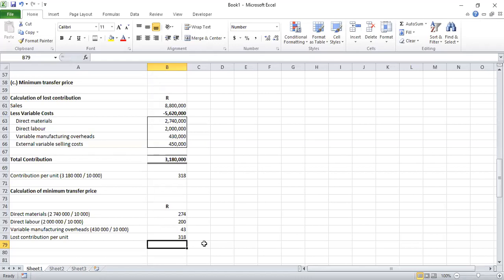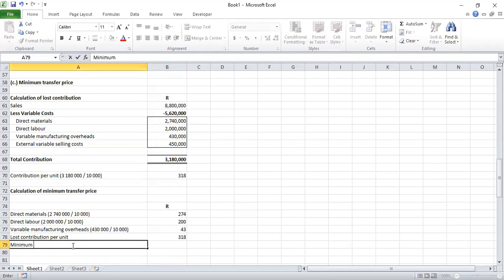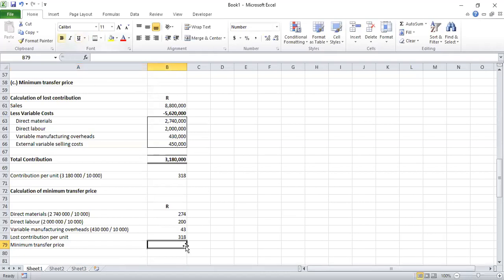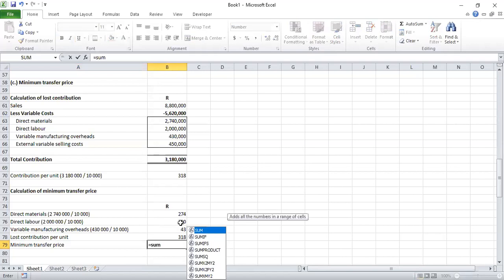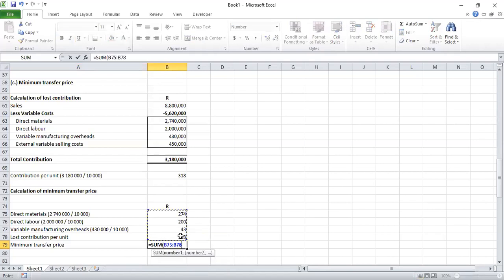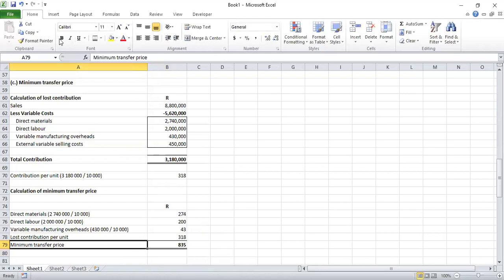But in this particular case, the company is operating at full capacity, so all the units are sacrificed from the external market. So that means our minimum transfer price is 835. That's the lowest price that they can accept, 835.